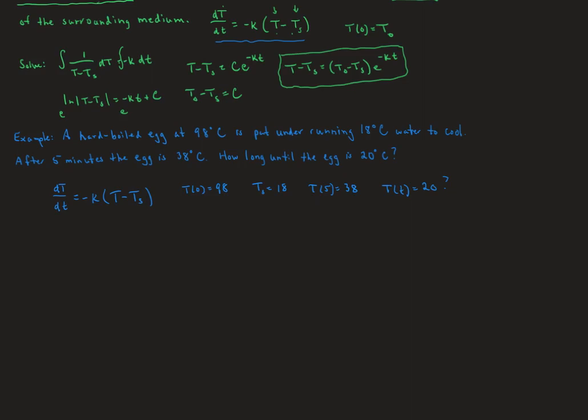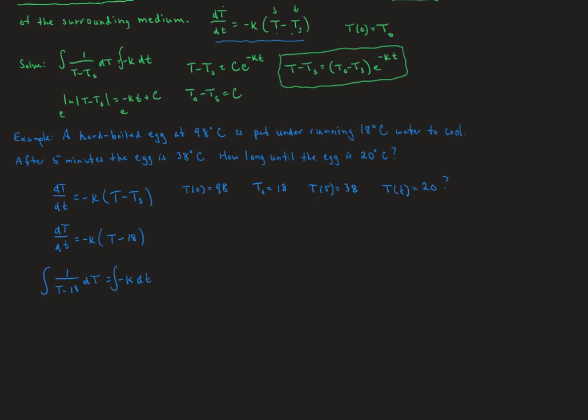I guess we know the T sub s is 18, so we can say dT/dt is negative K times T, our temperature function, minus the 18, the temperature of the surrounding medium. We'll separate our variables by dividing the T minus 18 to the left side, leaving the dT there. We'll multiply the differential dt over to the right side.